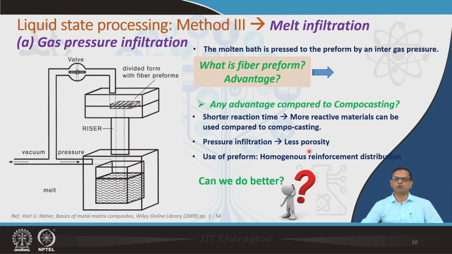As it is a preform, the fibers are already homogeneously distributed, and these homogeneously distributed fibers are now infiltrated with the melt. That is why we have all these advantages.